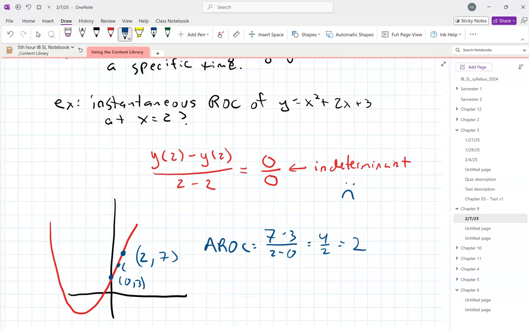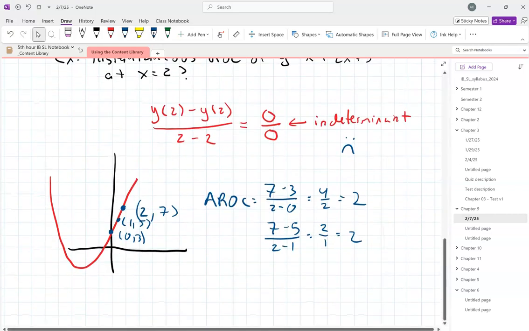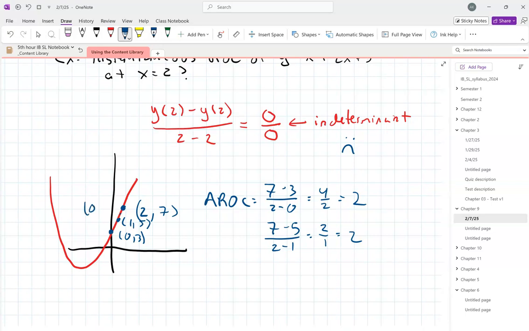If we get a little bit closer, say we go from 1.5, or if we get even a little closer, we do like 1.5 something.